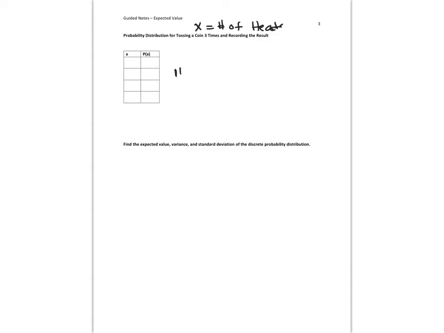You flip a coin the first time and it's heads or tails. We're tossing it 3 times. The next time it's going to be a head or a tail. Toss it the third time. Head, tail. Head, tail. Head, tail.